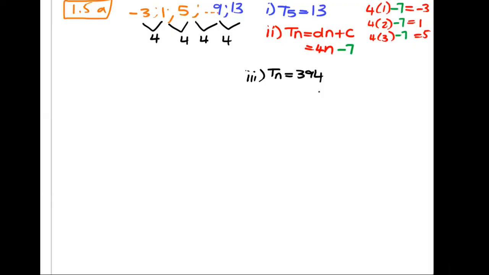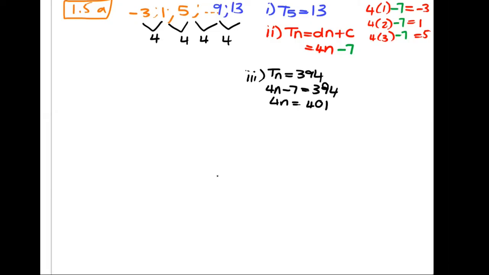So remember, we would use what we call continuous accuracy. So whatever your answer was in part 2, we take it through to the third part. So we say 4n minus 7 would equal 394. So 4n would equal 401.